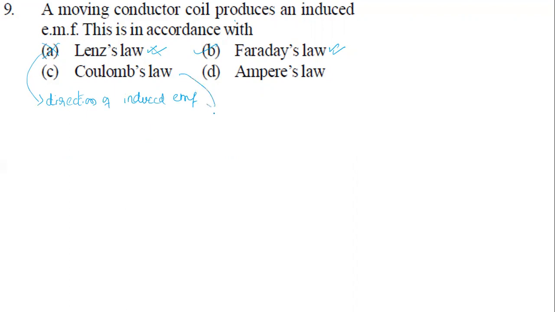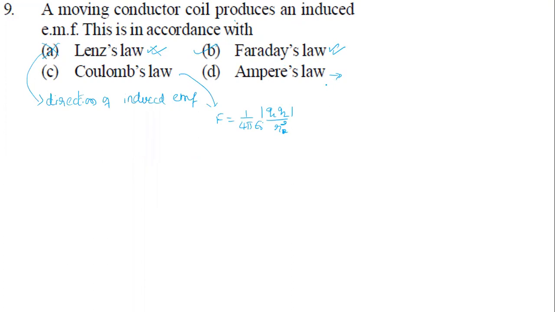Coulomb's law, basically what? F is equal to 1 divided by 4 pi epsilon naught times Q1 Q2 divided by R square, taken as a magnitude. That is the force of attraction or repulsion between two charges, which is what Coulomb's law gives.